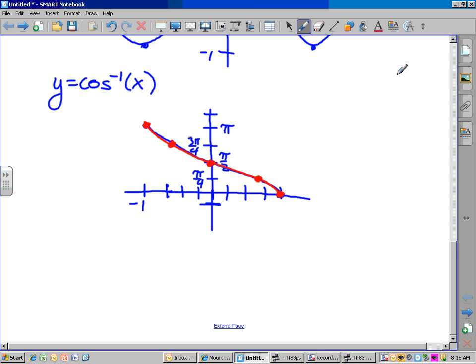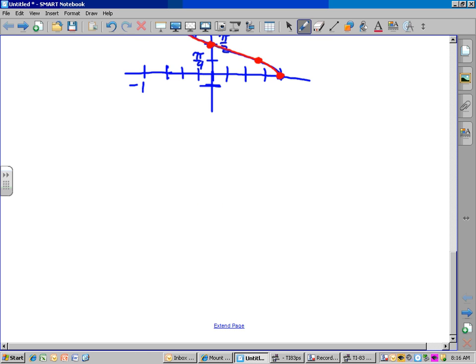That's the last one we're going to cover today. Okay, I'm going to go ahead and get started with the tangent.